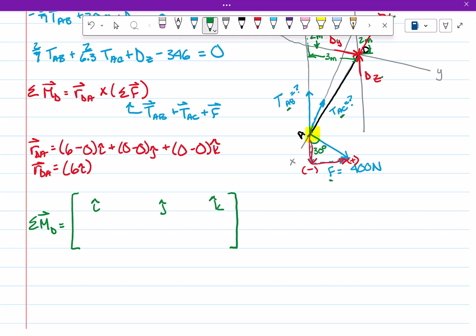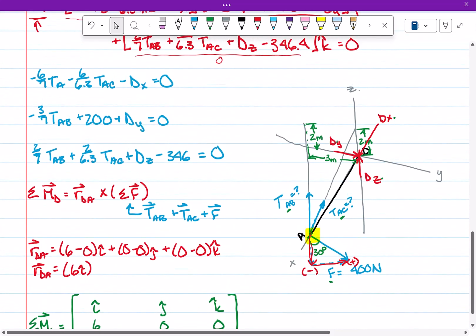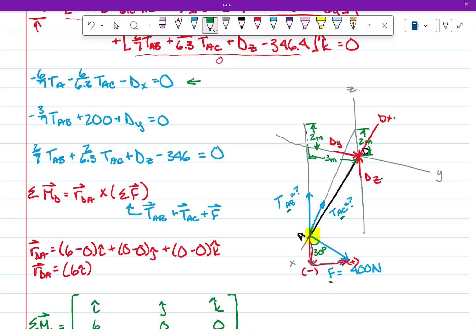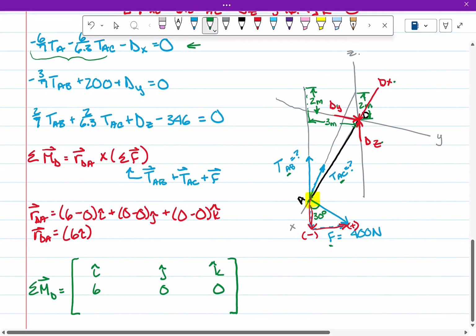So our position vector is 6, 0, 0. We know that, no problem. If we look at our components over here, right, and we're taking the sum of the moments about D, we don't include the D component, but everything else will be included in our matrix. So that's going to be our I, this is going to be our J, and this, including that one, is going to be our K.